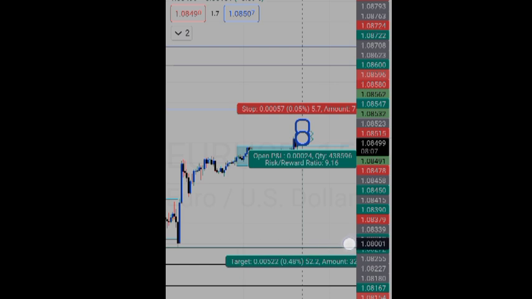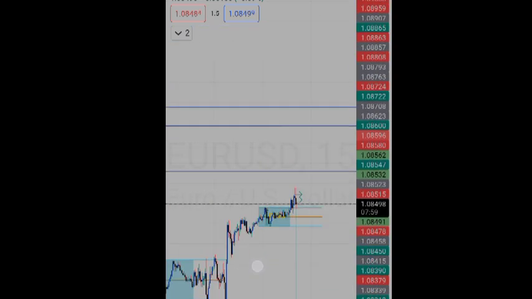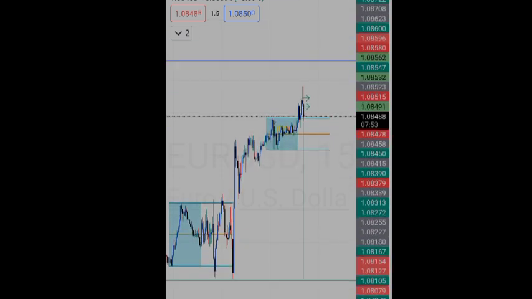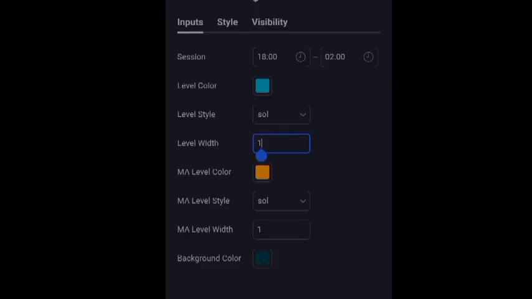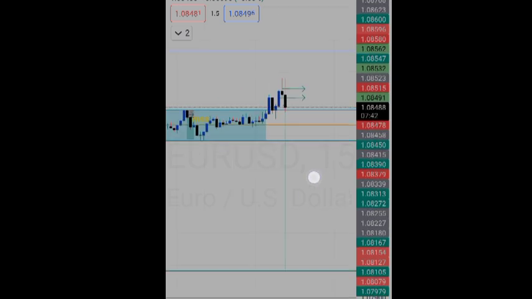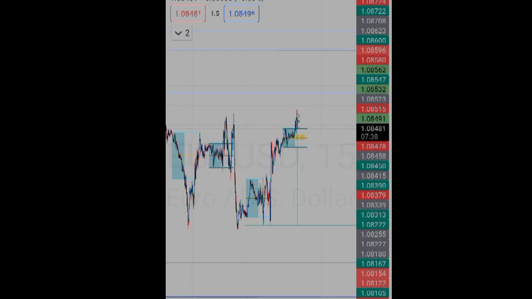The liquidity I want to target initially is these here, which will give almost 1 to 10 R. I'm not sure whether it will hold. Is it going to be today's trade? We don't know. But when it gets to this region here, I'm going to manage my position. My target is all this liquidity at the bottom here.